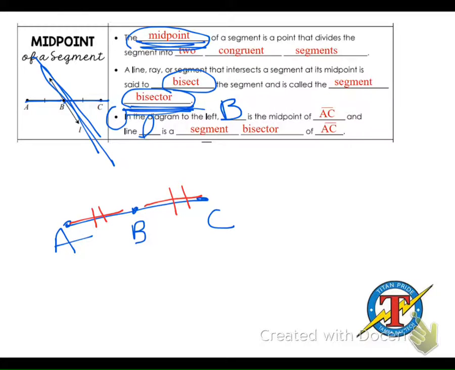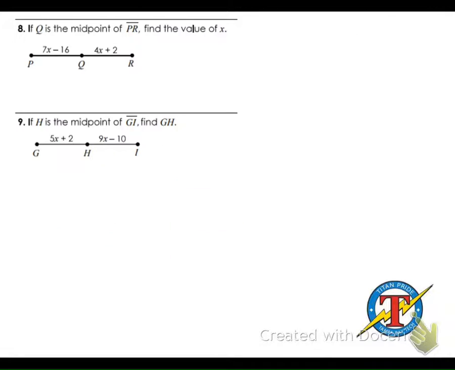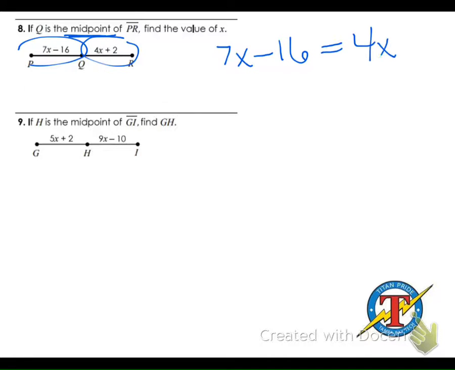Okay? So for all of these problems, we're going to have midpoints and bisectors. And if they say that it's a midpoint, then you know right away these 2 pieces are equal. And that's how you set up the equation. 7x minus 16 has to equal 4x plus 2, and you solve for that from there. Okay? Midpoints and bisectors, they do kind of act the same way. They cut it into 2 equal parts.